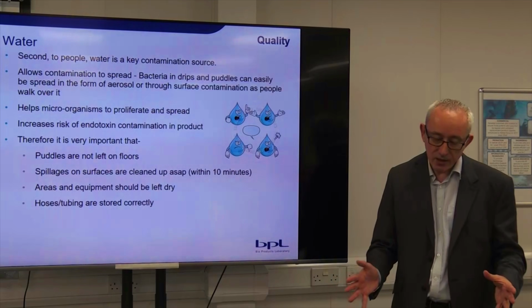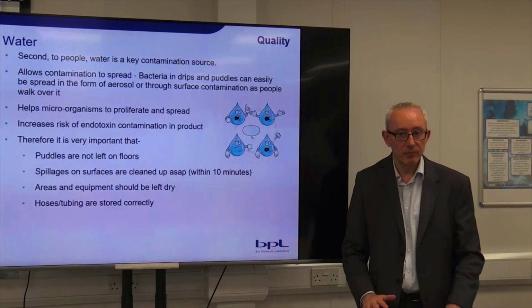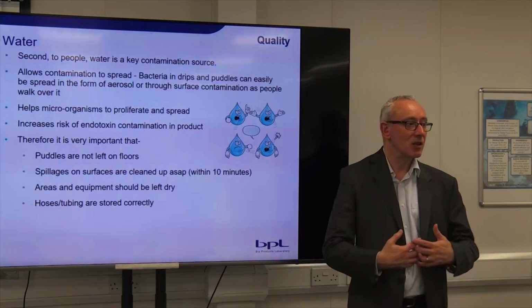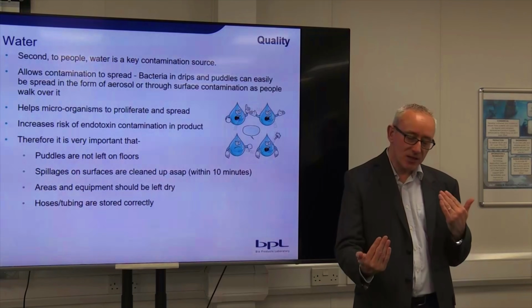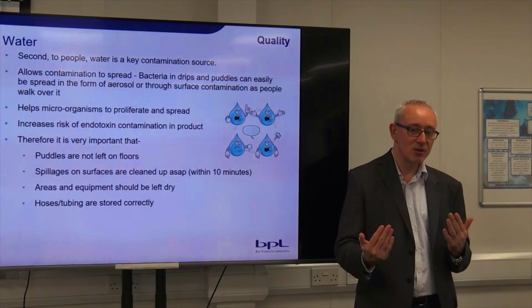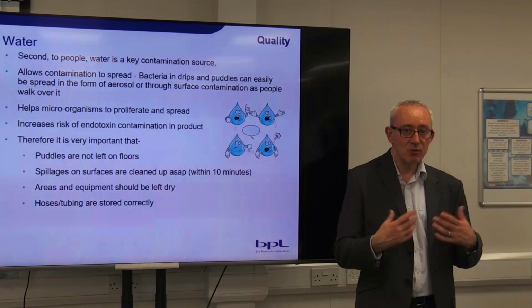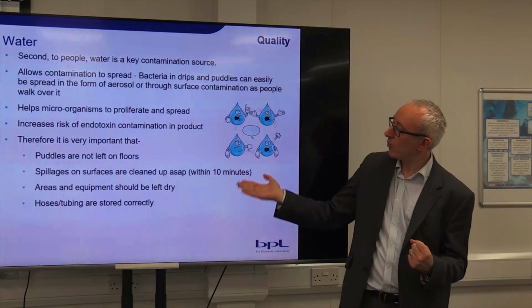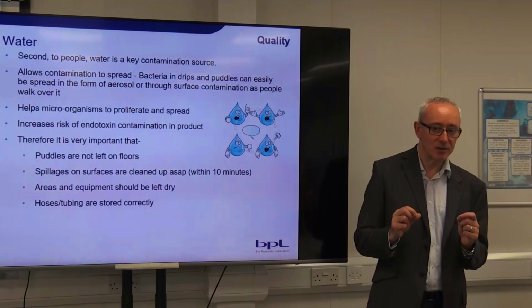If we're working in the manufacturing facility and there's a puddle on the floor, and you walk through it, that activity is going to produce aerosols as well. So water is, in some senses, a double whammy, because not only does it allow organisms to grow, it's also very effective at spreading them. The other thing with water organisms is that they're amongst the fastest growing ones.